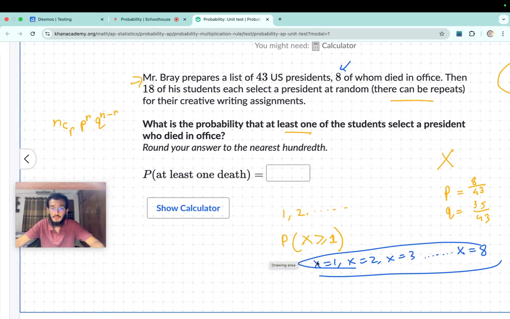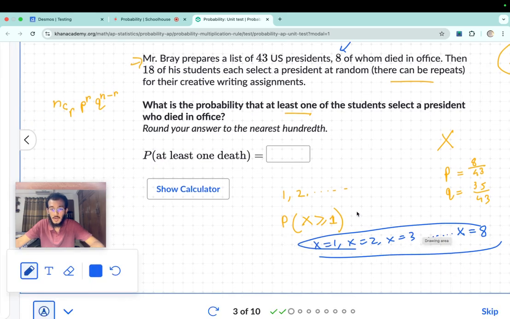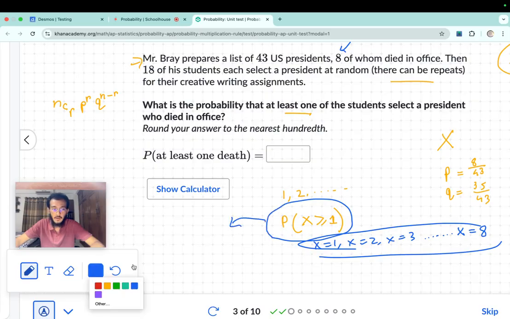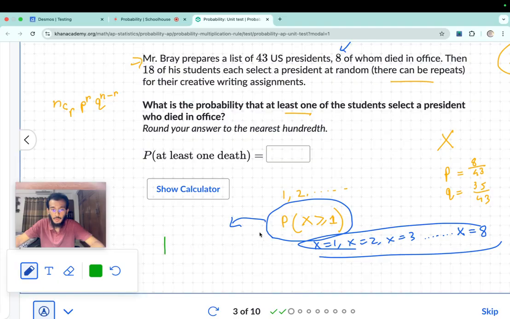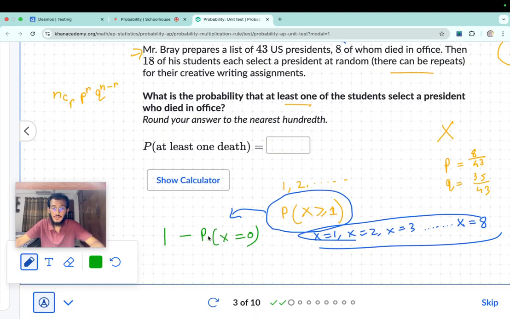Instead of finding each of that, we use the smarter way, which means subtracting the probability of x equals 0 from 1. Probability of x greater than or equal to 1 includes everything except 0, so that's why we subtract the probability of x equals 0 from 1, which is the total probability.